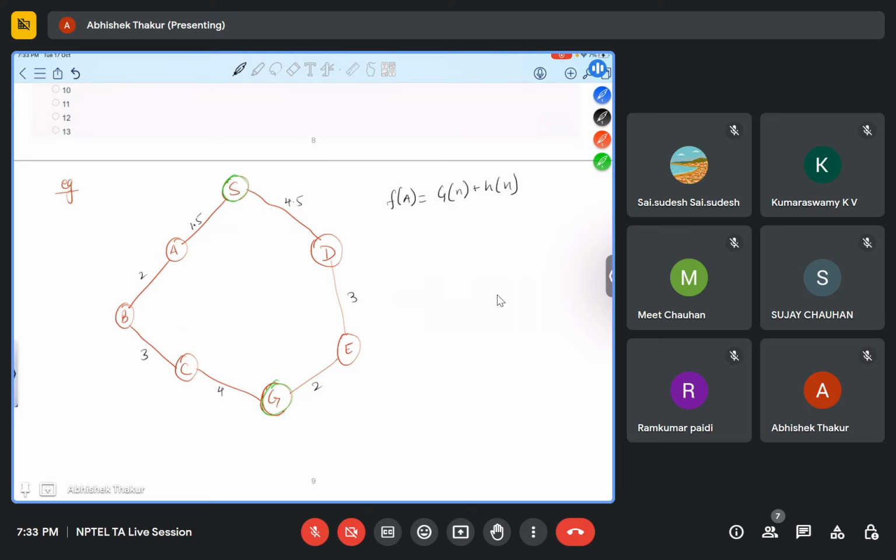And the h value is given, that is, the heuristic cost: h of A is equal to 4, h of B is equal to 2, h of C is equal to 4, h of E is equal to 2, and h of D is equal to 4.5.